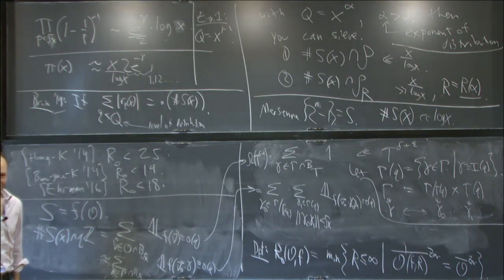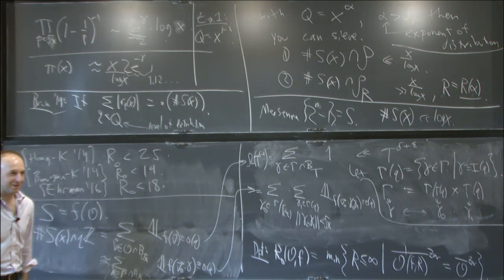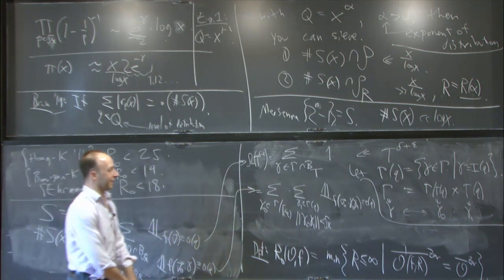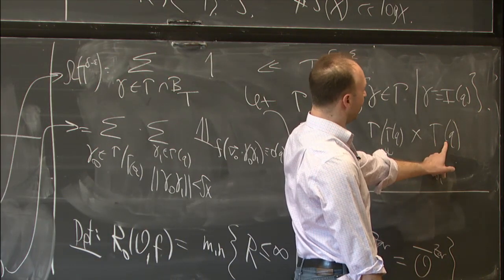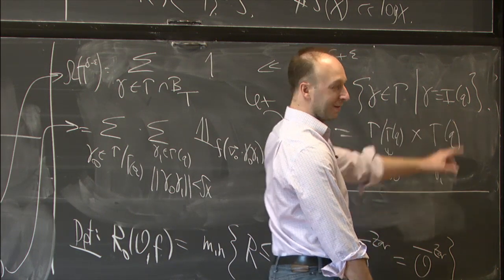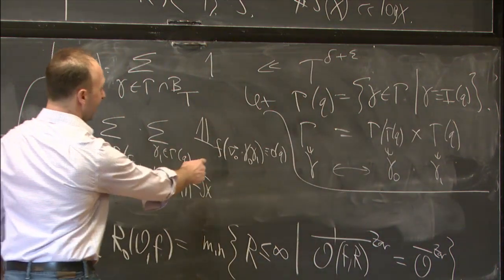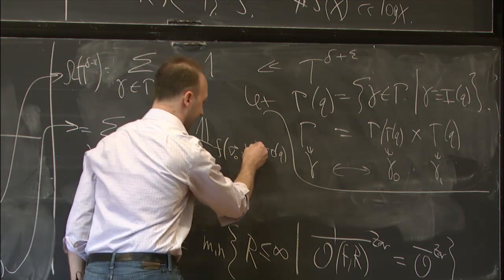Okay? So what's the point of breaking it up this way? F is a polynomial. Gamma 1 lives in this congruence group, so mod q doesn't do anything. So this indicator function doesn't actually depend on gamma 1 at all.